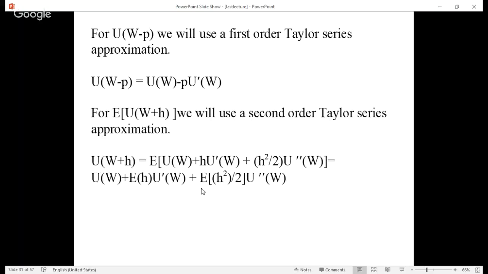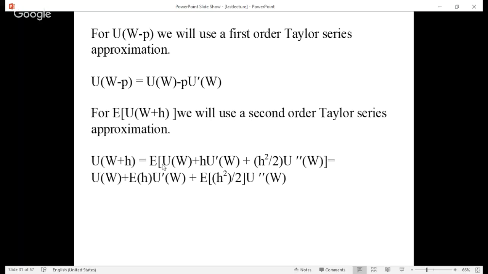So that first one, the one we have up here, u of w minus p u prime. For the second, I have the expected value of u of w plus h u prime, plus h squared over 2 factorial. What's 2 factorial? 2. u double prime of w. So I can expand that.